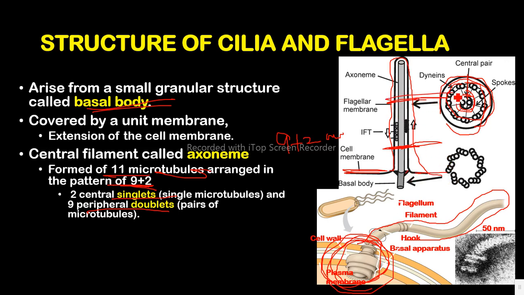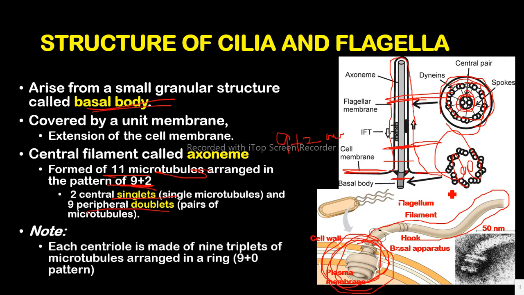When you cut from here, this is what you see. But when you cut from here, at that stalk, then this is what you see. Here you won't have those 2 singlets, and it won't be covered by a unit membrane.